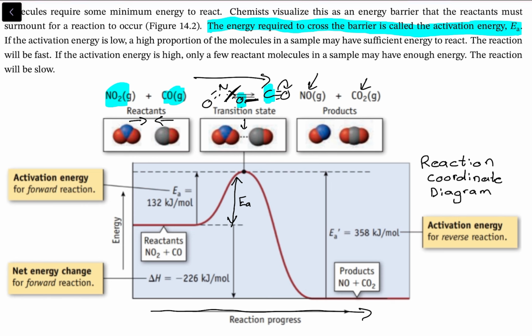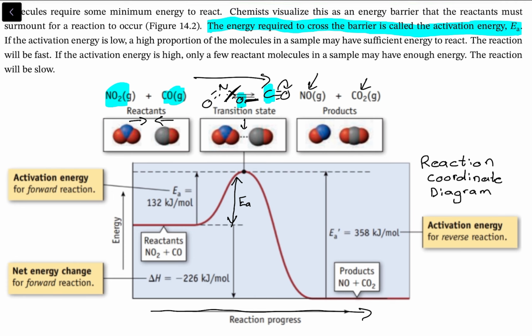So you notice the collision needs to have the correct orientation, and it needs to form a bond and break two bonds. And the energy required for that specific setup to happen, we call the activation energy.